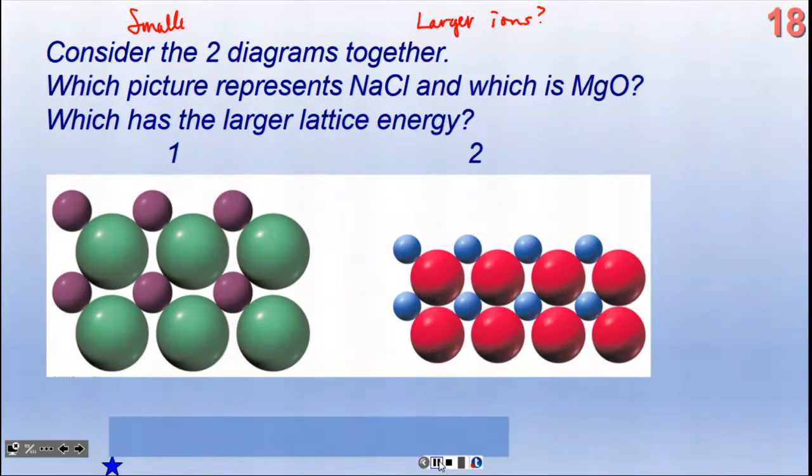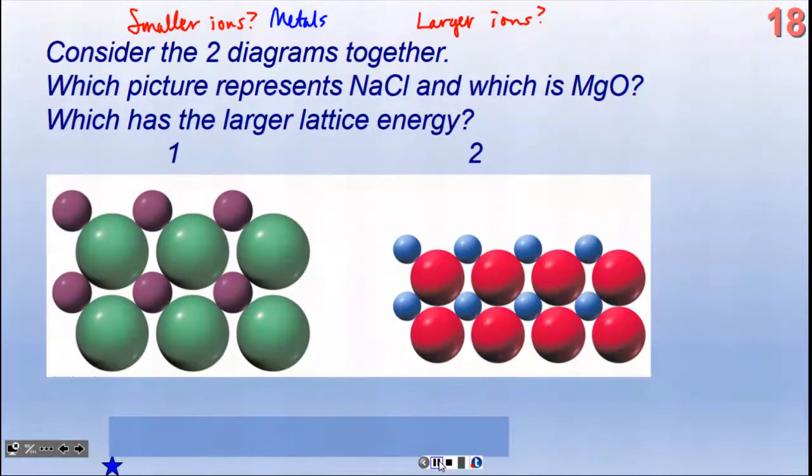Smaller ions. So thinking about the periodic table and how ionic radii work, on which side of the periodic table are they larger and smaller? Smaller ones are what happens when you lose electrons from a metal and lose an outer shell and contract down to the next smaller full shell, like a noble gas configuration.